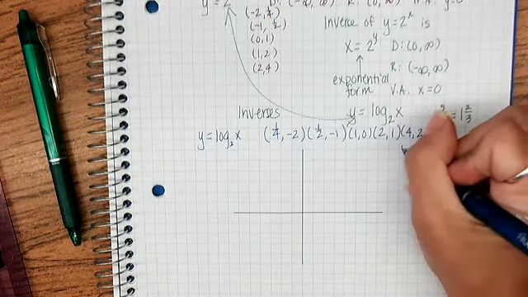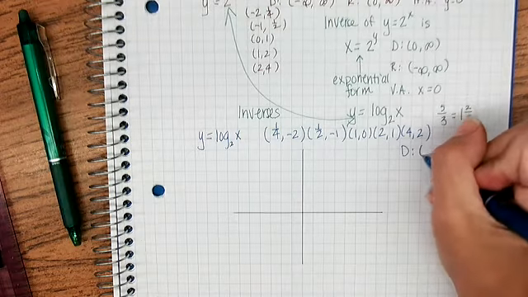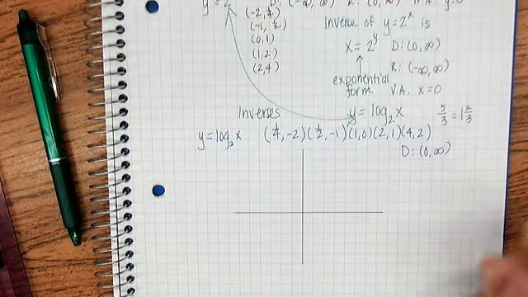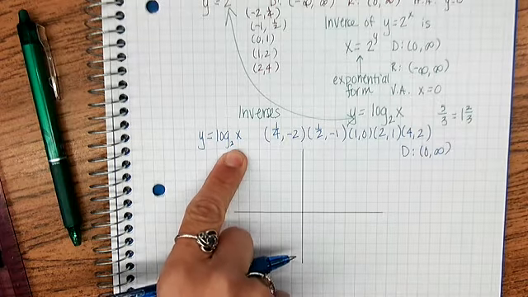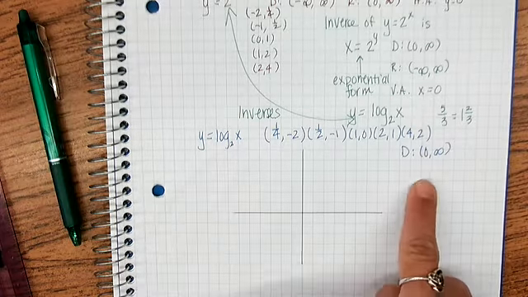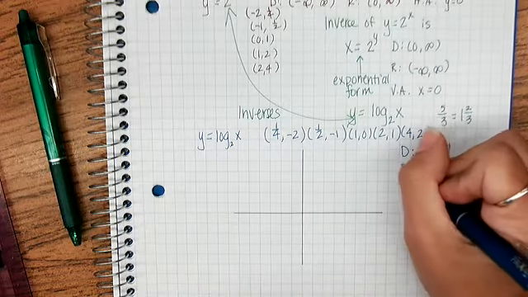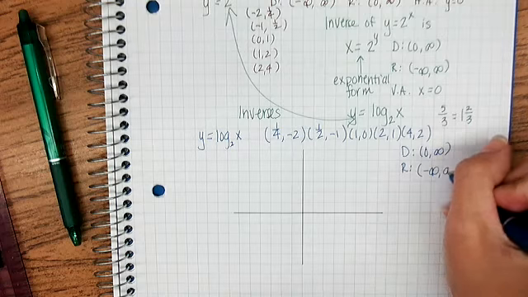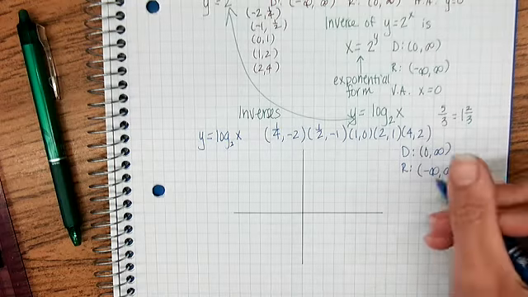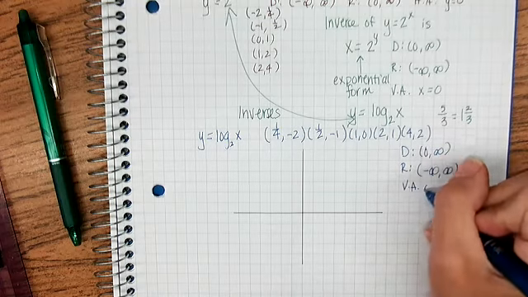Put it in one big box. The domain is 0 to infinity, which we already knew. The domain, the argument must be greater than 0. X must be greater than 0, 0 to infinity. I'm just rewriting. The range is negative infinity to infinity, and the vertical asymptote is x equals 0.